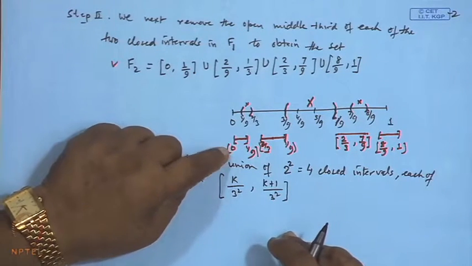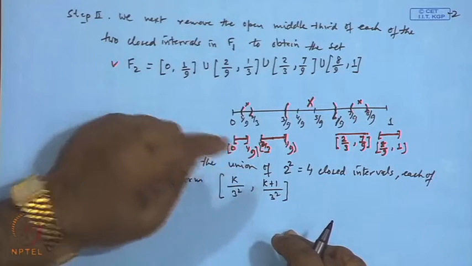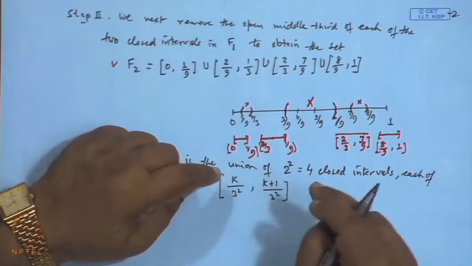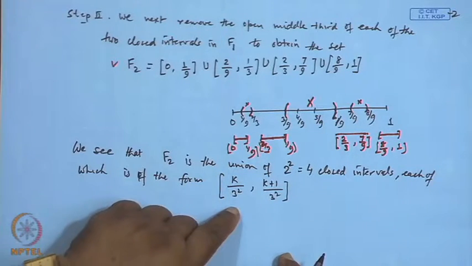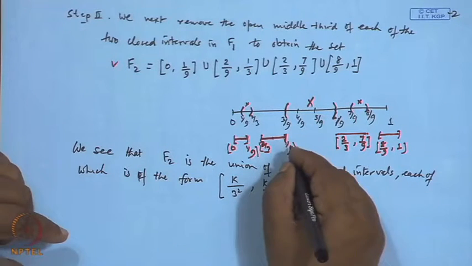Because when k is 0, you get [0, 1/3²]. When you take k as 2, you get this one, which is 1/3.